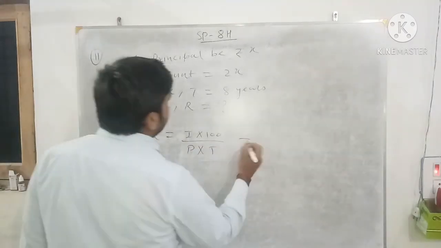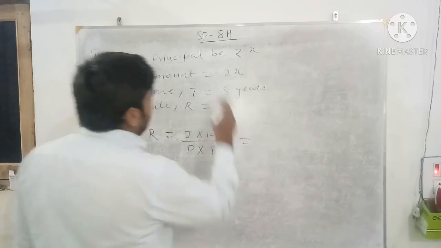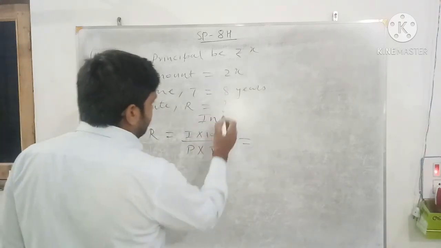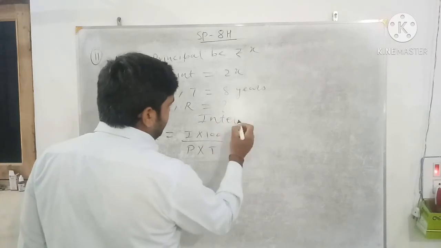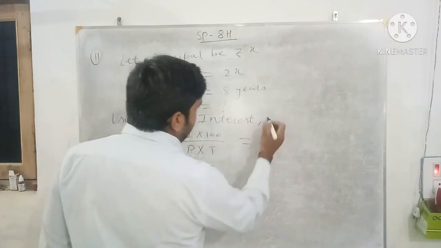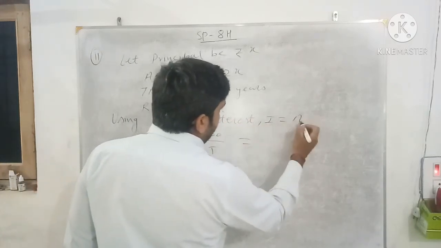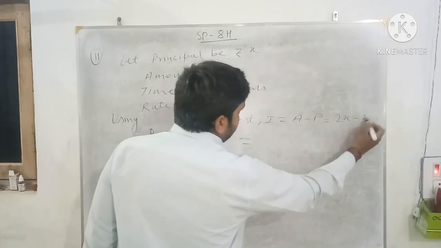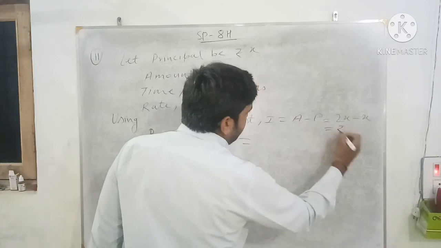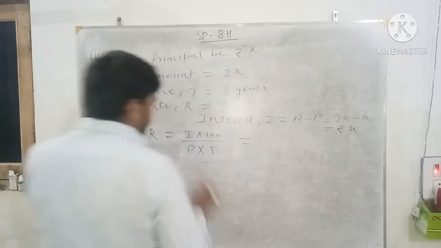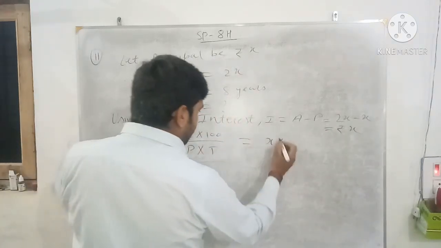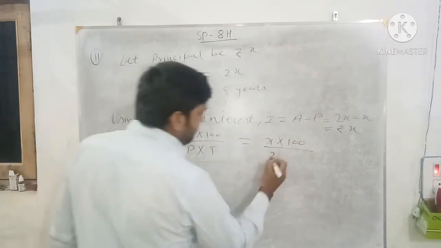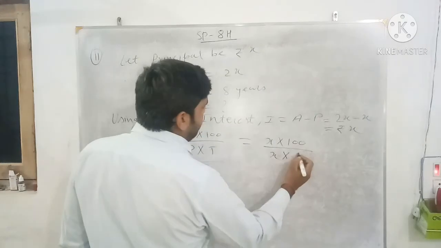Now see, the interest is what? Interest you have to calculate first. Interest, I equals amount minus principal. Amount is 2x and the principal is x, so the interest you will get is rupees x. So the rate is x into 100, and the principal is also x, we have assumed, and the time is 8 years.